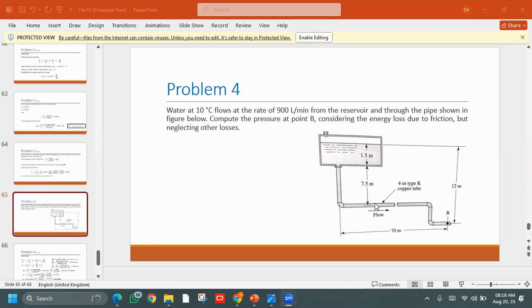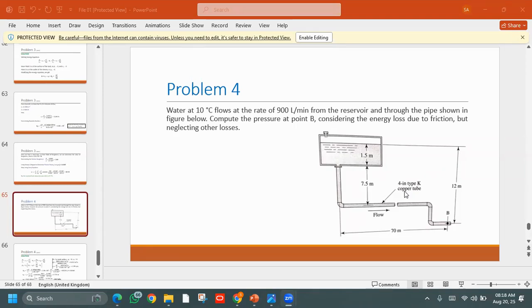The pipe used in that connection is type K copper tube, which needs to be noted down so that we will use the pipe material value in a coming lecture.